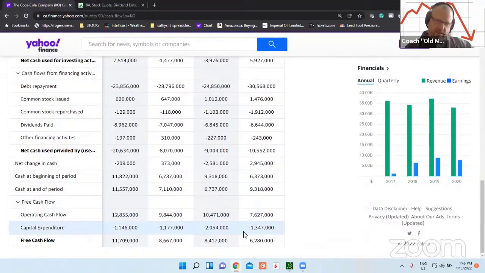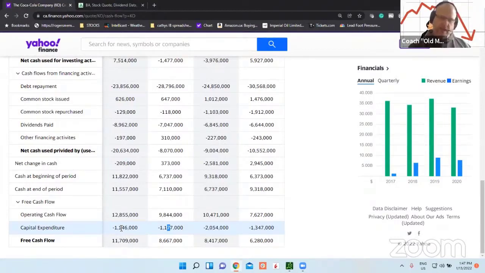So what we can see here is they spent 1.347 billion in 2018, 2.54 billion in 2019, and then it dropped back down to 1.177, and the trailing 12 months is 1.146. So you can see that overall, with the exception of 1 year here, their capital expenditures are kind of dropping off.